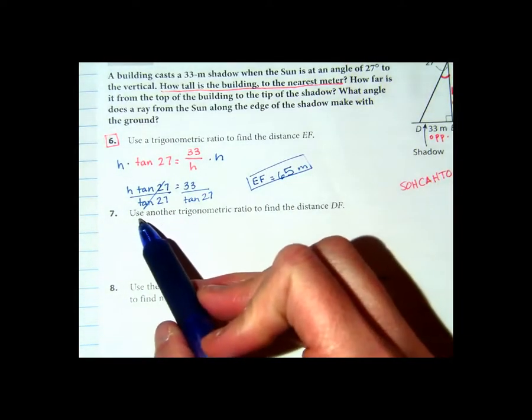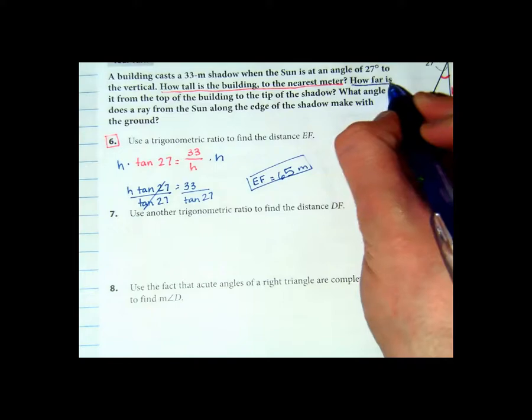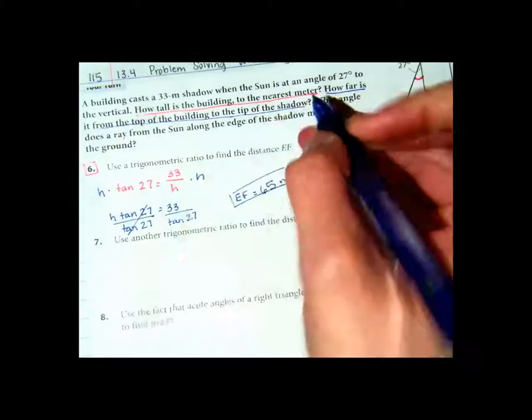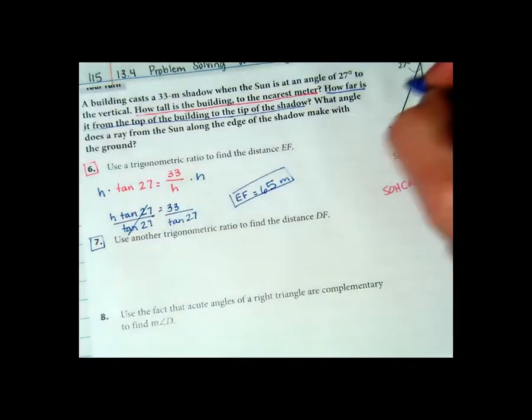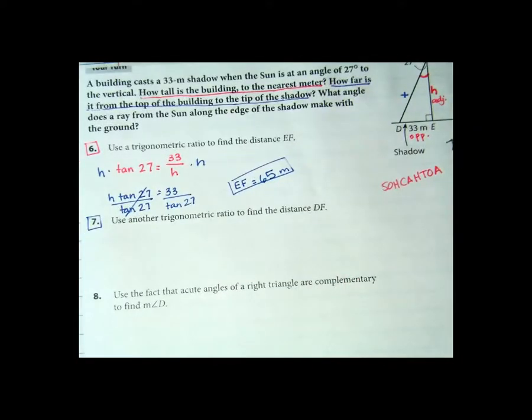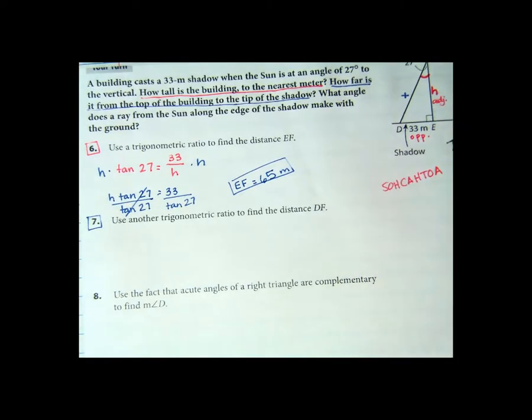It says, number 7, use another trigonometric ratio to find the distance of DF. That is, how far is it from the top of the building to the tip of the shadow? This right here. It says use another trigonometric ratio. Is there something else you could have done, though? You could have used Pythagorean Theorem. We don't want to do that because it got rounded way too much right here.